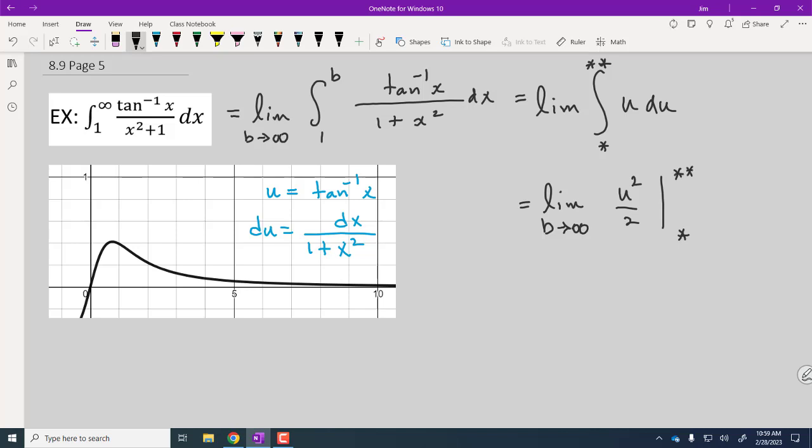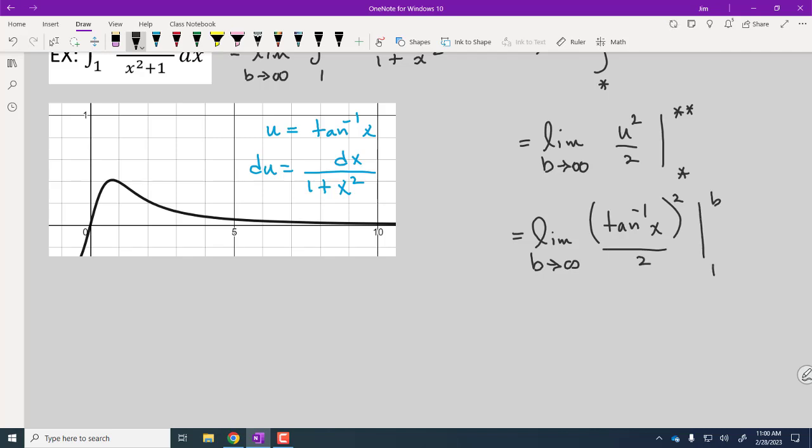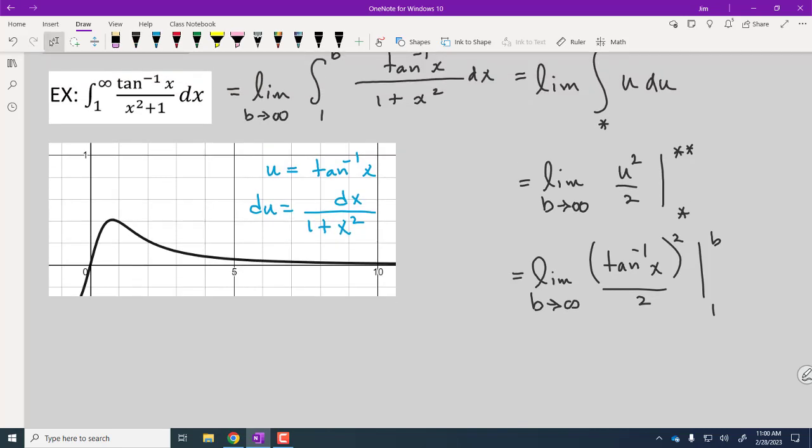So we have that. And then we put our arctangent back in. So we're going to have the limit as b goes to infinity of arctan squared divided by 2, and this is from 1 to b. All right, any questions up to that point?